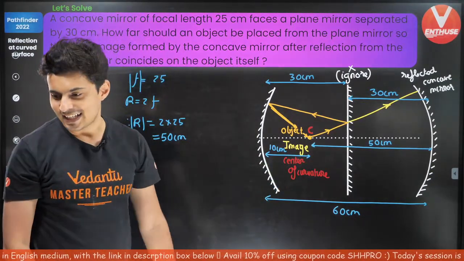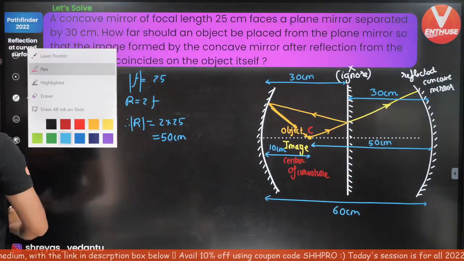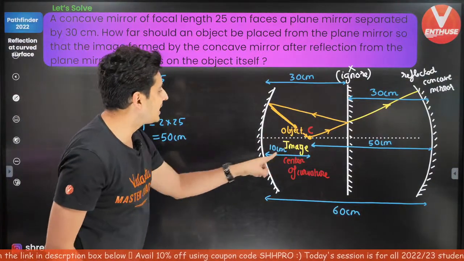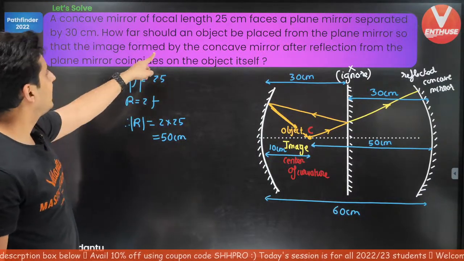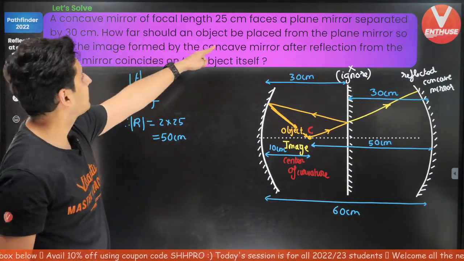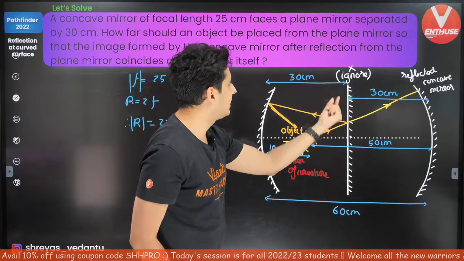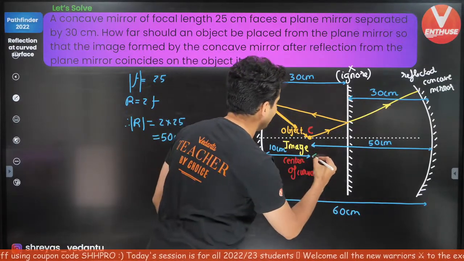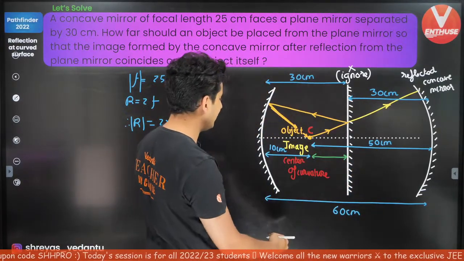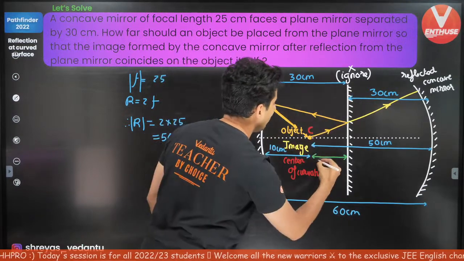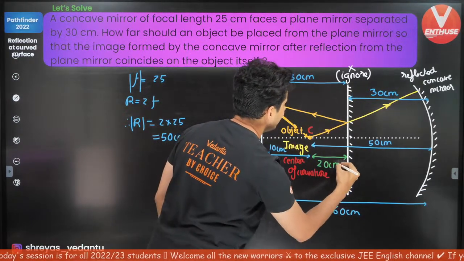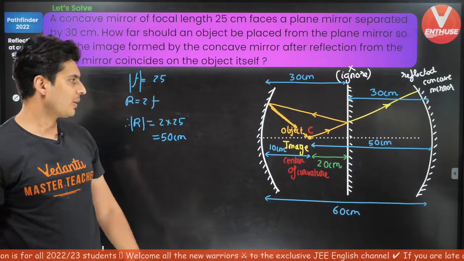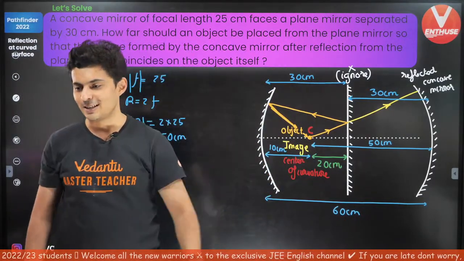So I got the final answer. Where should the object be placed from the plane mirror? This is 10, this is 30. Obviously it is 20 centimeters. That should be the answer. So from the plane mirror, it should be at 20 centimeters.